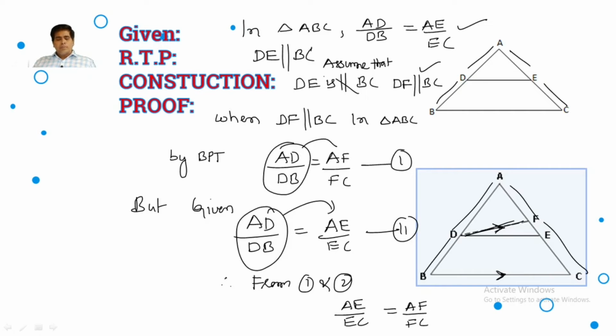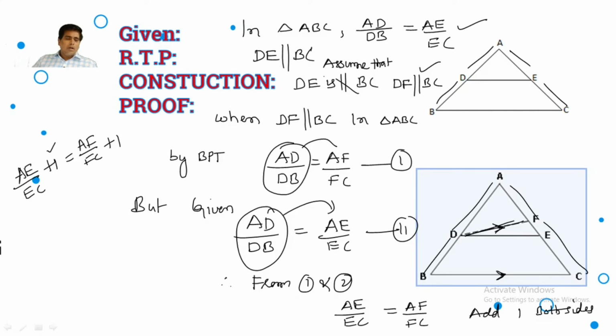So further, if you simplify this, add 1 to both sides. Here I am writing AE by EC plus 1 is equal to AF by FC plus 1.